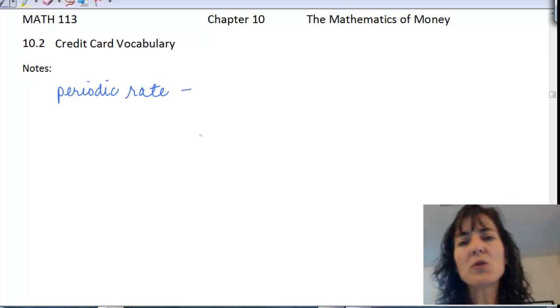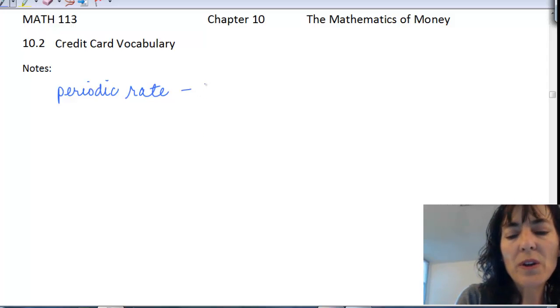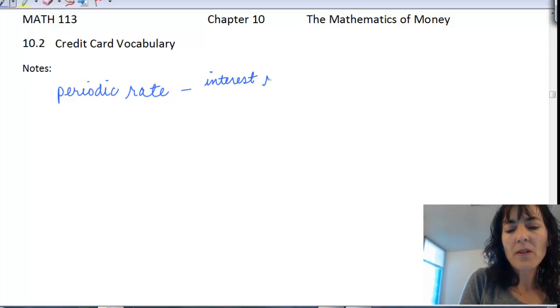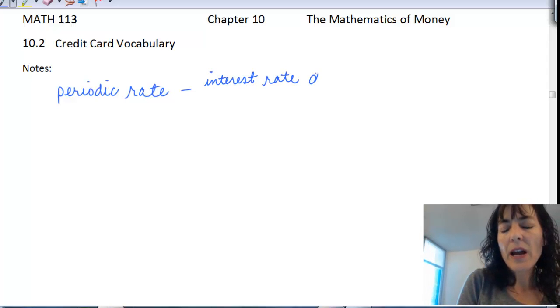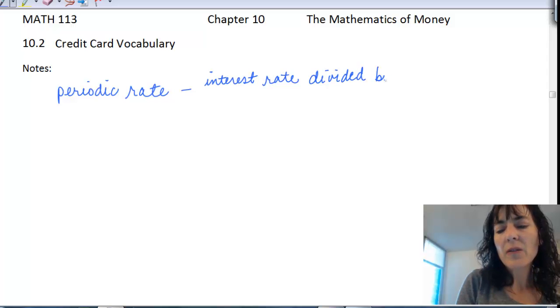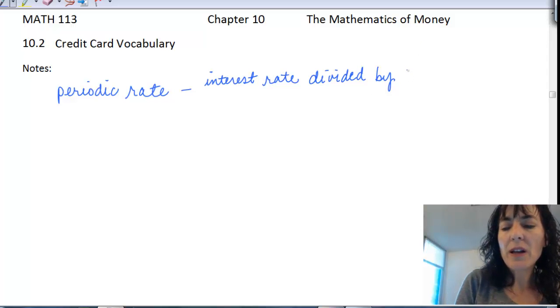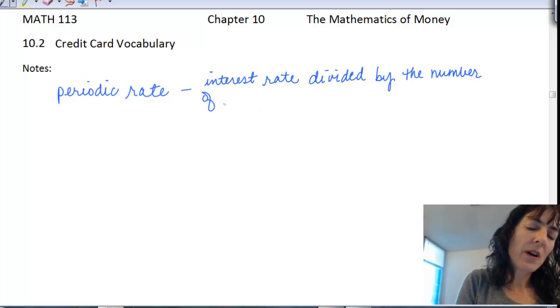And that is going to be the interest rate. And usually we're dividing the interest rate divided by the number of periods.